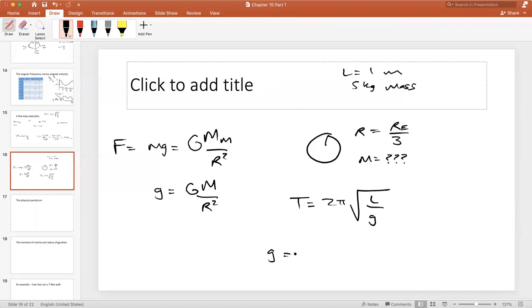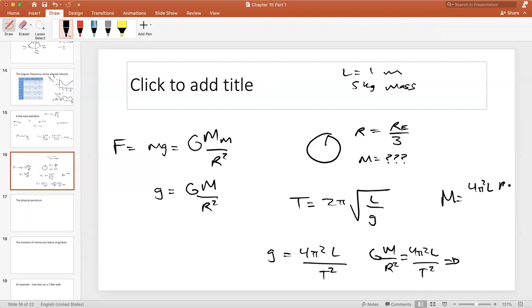We could get that g is equal to 4 pi squared L over T squared, but g is equal to GM over r squared, right, is equal to this stuff. From this, we would get that we could measure the planet's mass as having 4 pi squared r squared over G T squared. We could take out our pendulum, assuming we knew the radius, and measure this and get a mass.